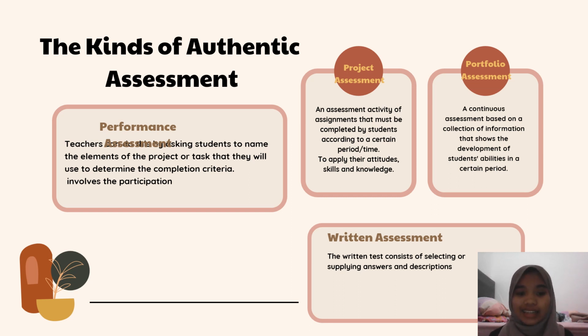The second kind is project assessment, an assessment activity that must be completed by the student according to a certain period or time to apply their attitude, skill, and knowledge. The third kind is portfolio assessment, a continuous assessment based on a collection of information that shows the development of student abilities over a certain period.